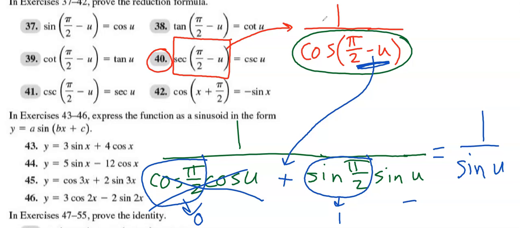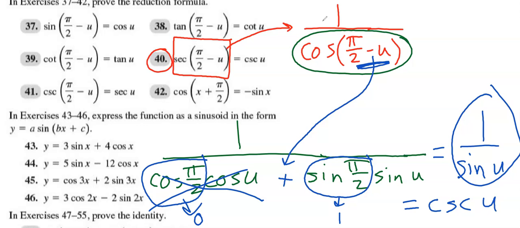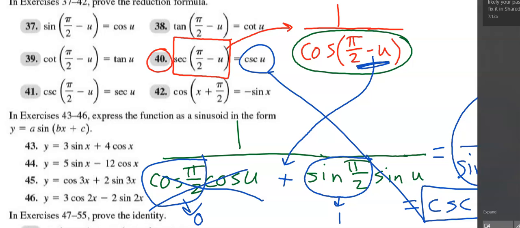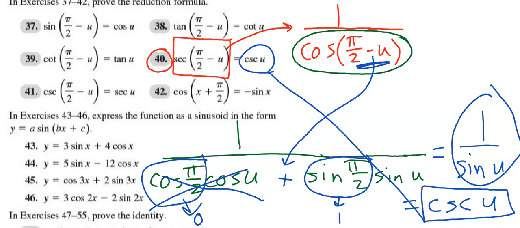What is the last step? What is 1 over sine u equal to? Cosecant u. And that was what you needed to show me, because that's what they told you it was supposed to equal. So just because you got to 1 over sine u, which I'm very happy that you did, doesn't mean that you got to the end of the proof. It means you stopped one step shy of finishing.